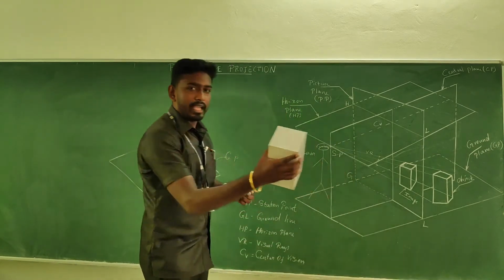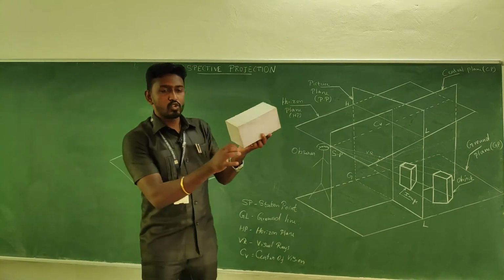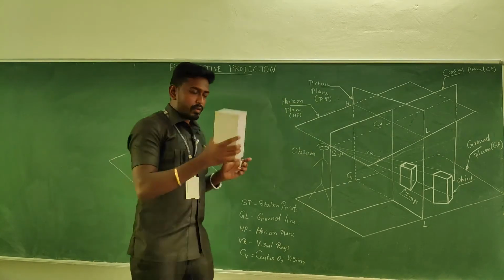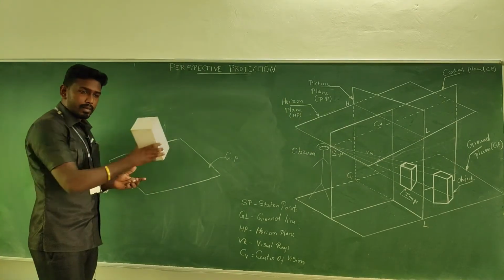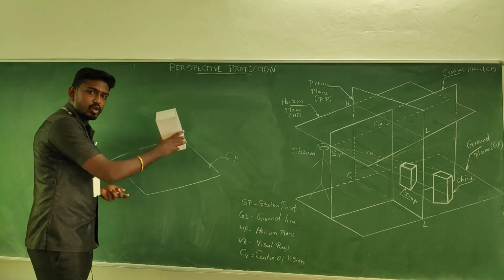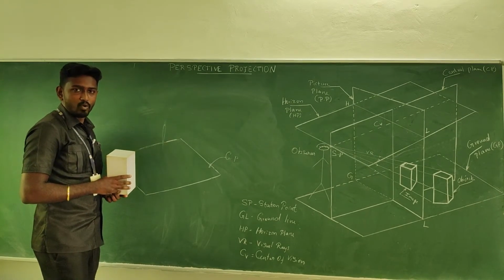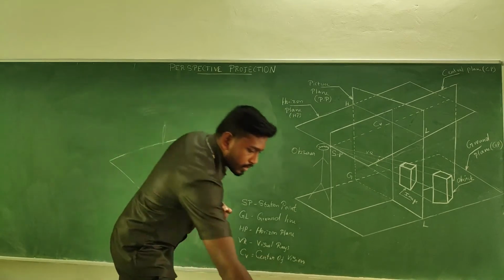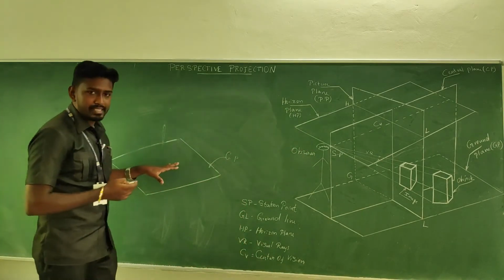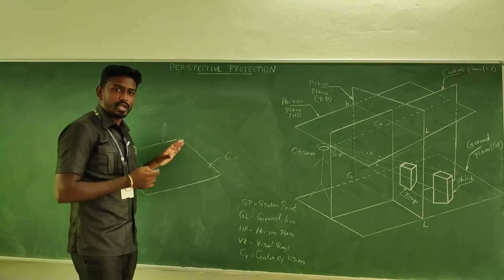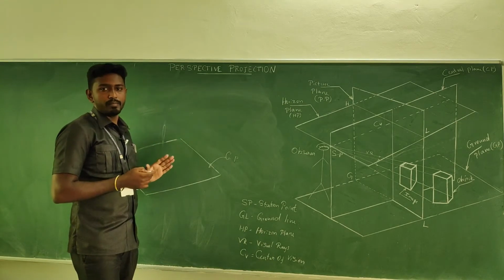If I take a square prism, we assume the object is placed on the GP, the ground plane. So the ground plane is the plane on which the object is assumed to be placed.